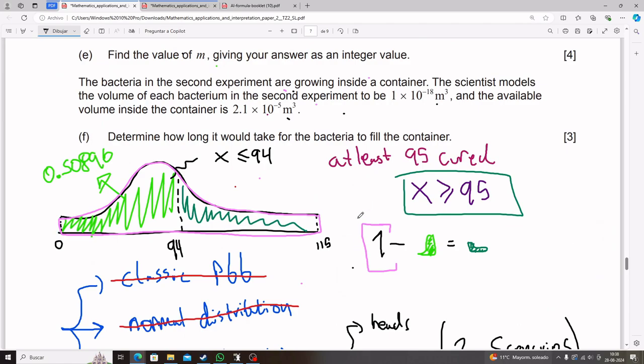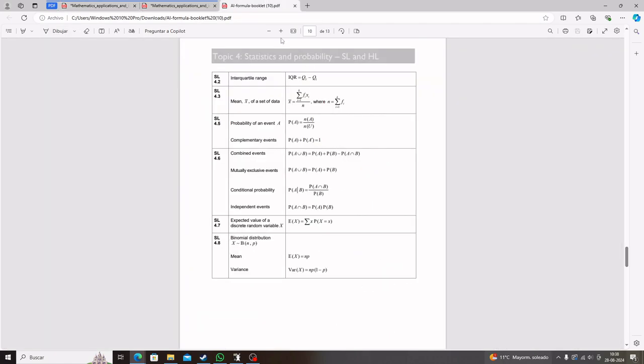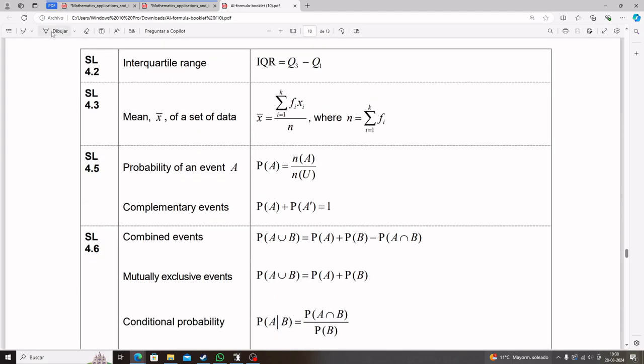If you still don't believe me on the 1 minus thing, well, in your formula booklet, you actually have this thing here, complementary events. See? In the world of probability, you have to account for all scenarios. Complementary events is a little bit like heads or tails. It either rains or it doesn't rain. It's either heads or it's tails. It either snows or it doesn't snow.